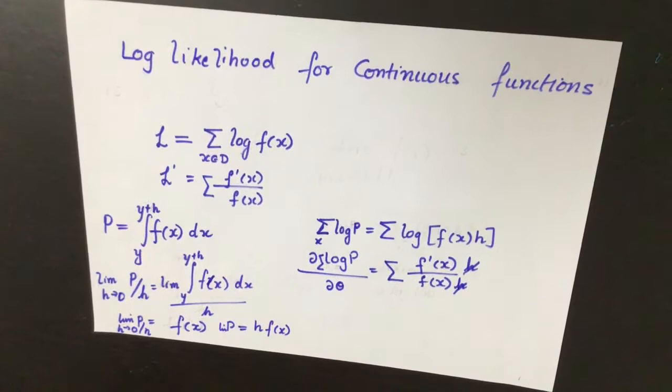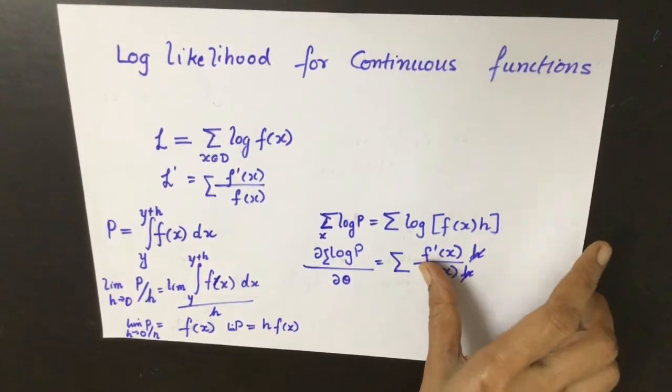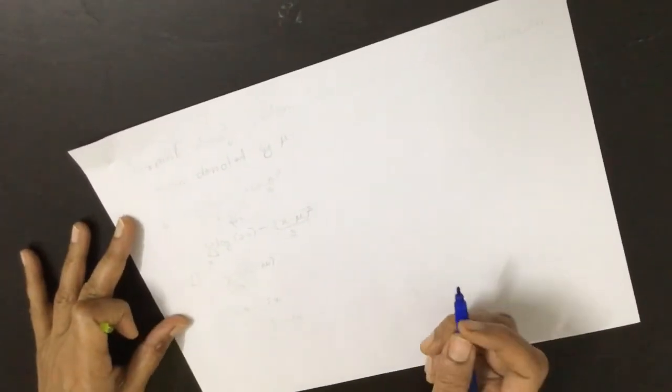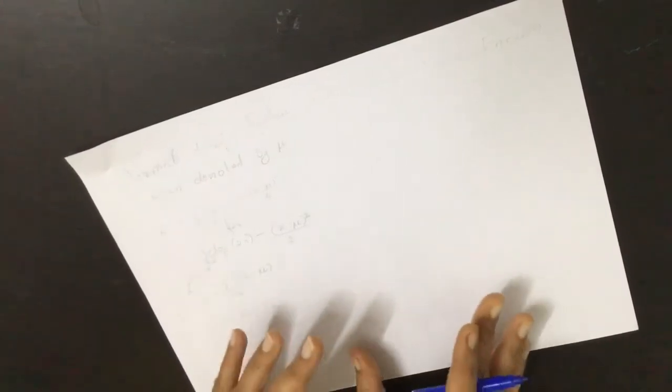Let us see this with an example of the Gaussian distribution. First we'll take a very simple example where we assume a normal distribution and we do not know the mean, though we know that the variance is 1. So it is a standard distribution, except that the mean is not necessarily 0. It can be something else.